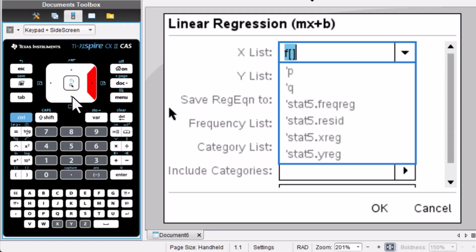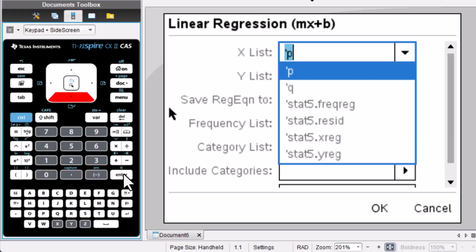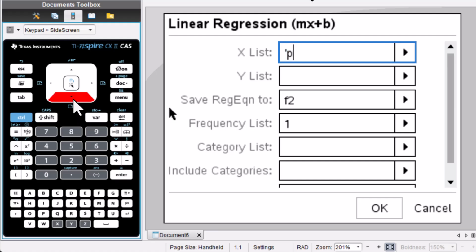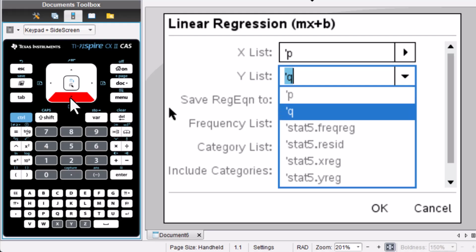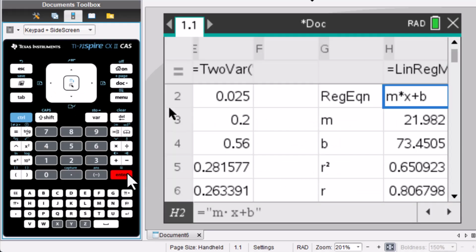Double click this right arrow button to get this P, Q. Enter. So R squared equals 0.651 as 3 sig figs.